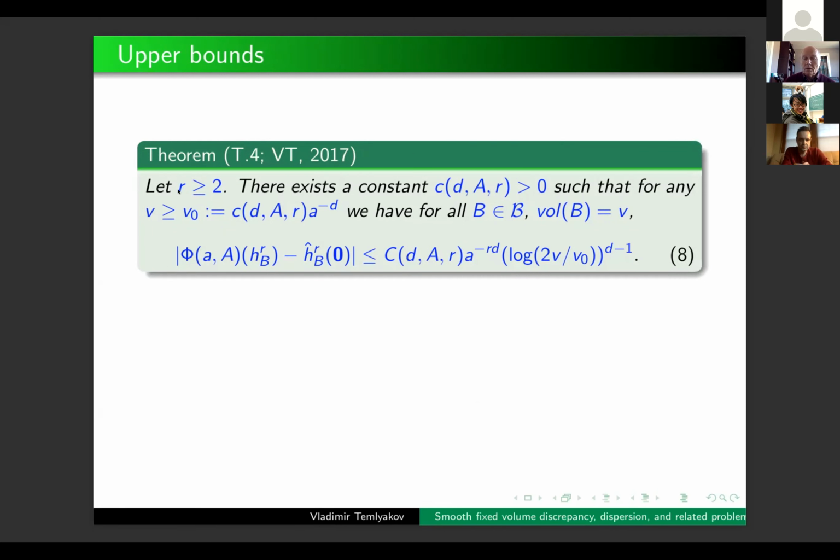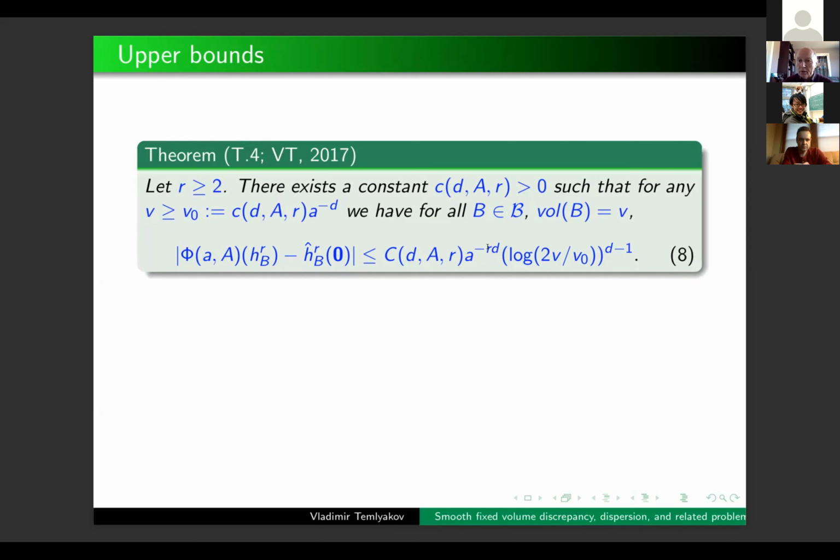So if r is greater than or equal to 2, and r is a natural number, so 1 is excluded, all natural numbers except 1, then there exists a constant such that, for the fixed volume, and I will reformulate this in a minute in the same way, we get the following bound. So again, let's look at this. This parameter we expected, because a to the d is the number of points. So this is the number of points to the exponent minus r.